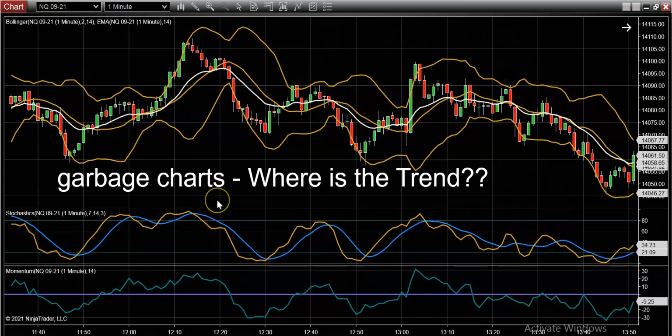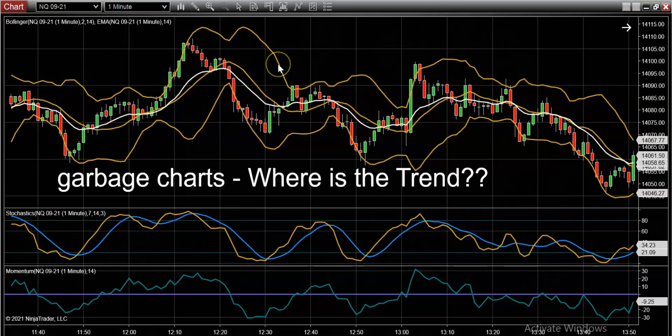I call these garbage charts. If you guys are long-term subscribers, that's not new. When you look at a chart like this, how on earth do you figure out where is the trend? How do you identify the starting point of a trend? How do you identify the ending point of a trend?